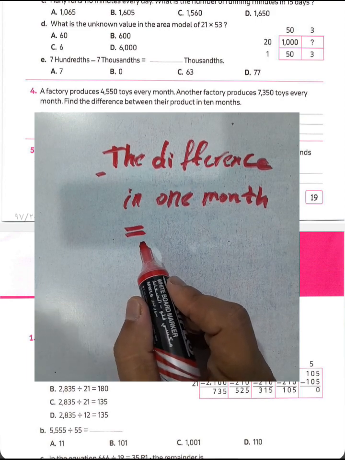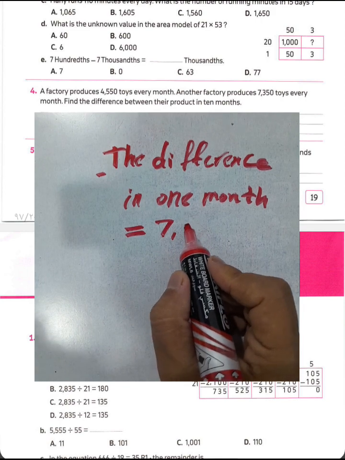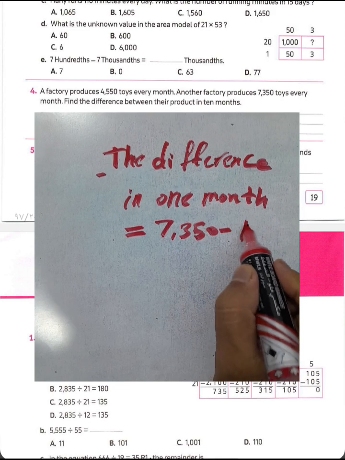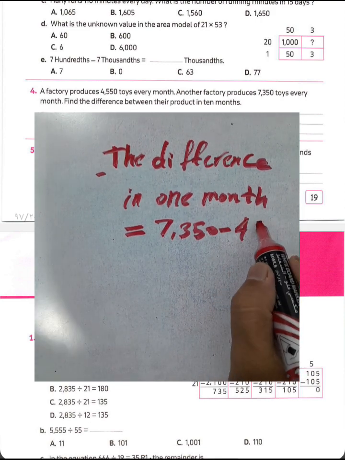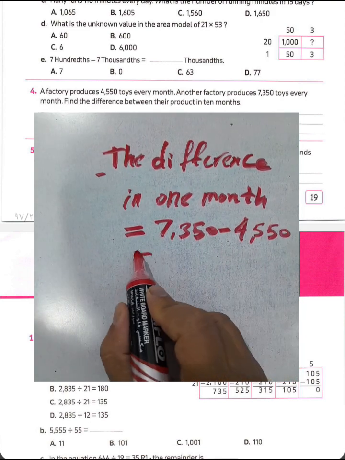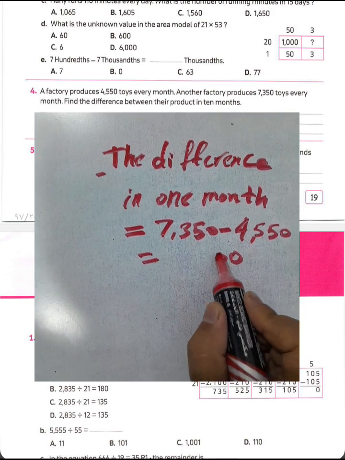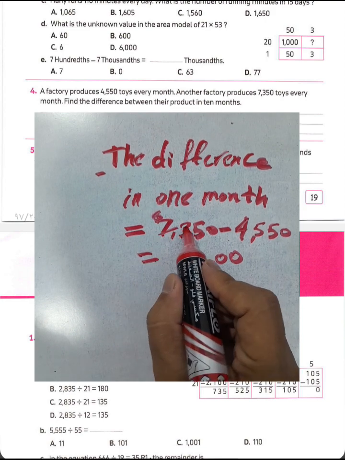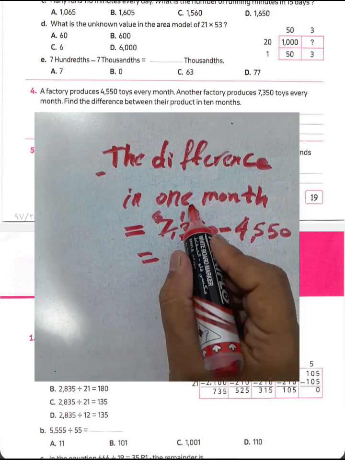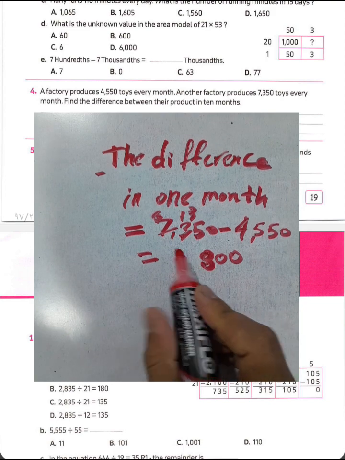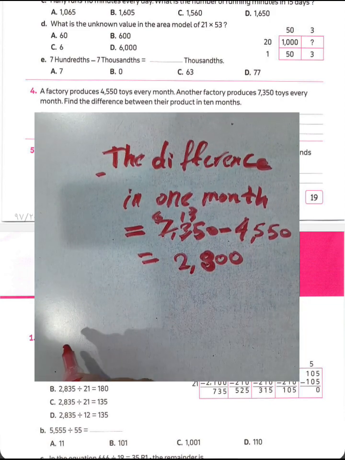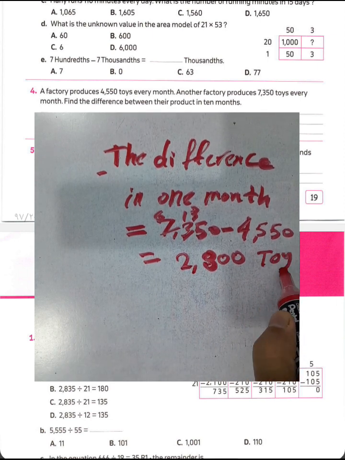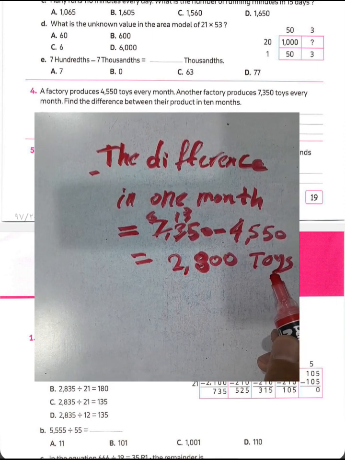The greatest was 7,350 subtract 4,550. 0 minus 0 equals 0. 5 minus 5 equals 0. 3 minus 5, we can't do it. Borrow 1 from 7, it will be 6 and 3 will be 13. 13 minus 5 equals 8 and 6 minus 4 equals 2. The result will be 2,800 toys. It's the difference in 1 month.